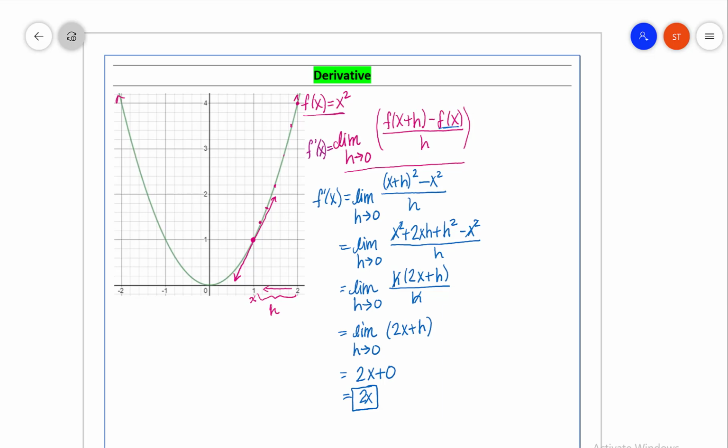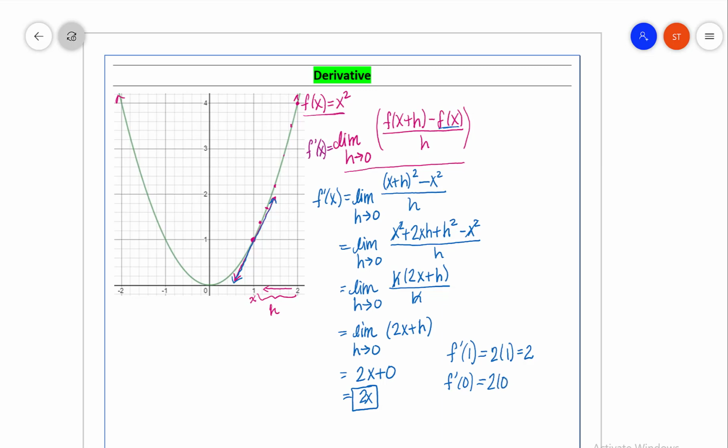If we wanted to find f prime of 1, what we're doing is finding the slope of the tangent line at 1. If I plug in 1, we have 2 times 1, which is 2. So the slope of the line that I drew here, this is at x equals 1, the slope of that line is 2.